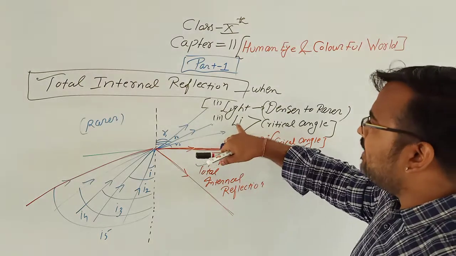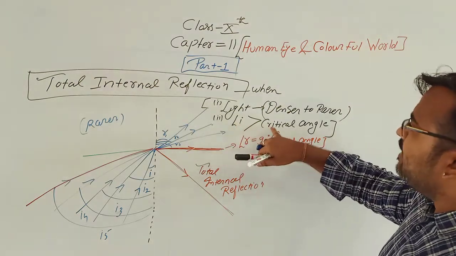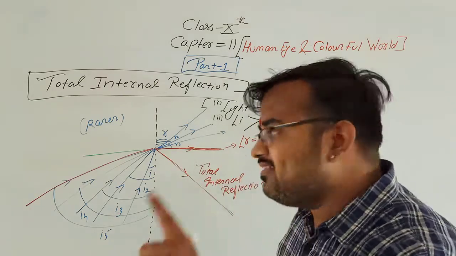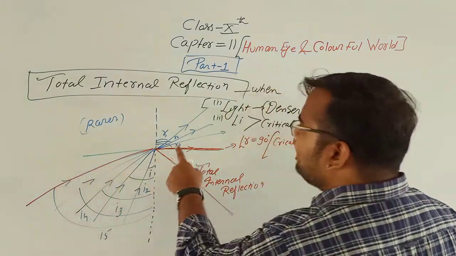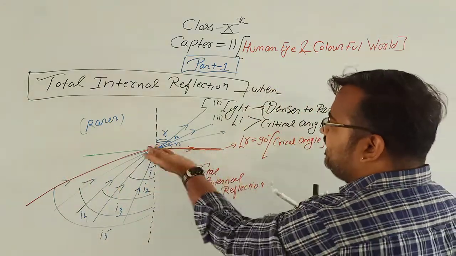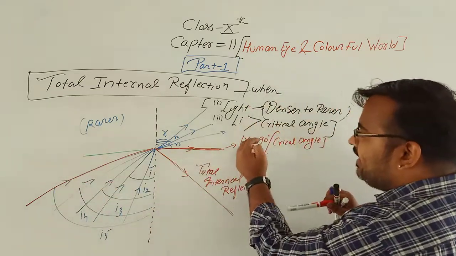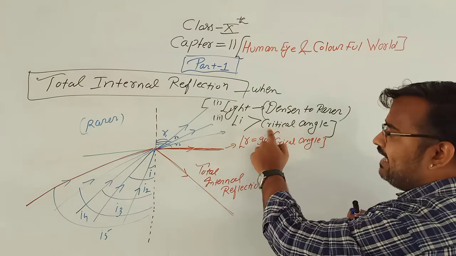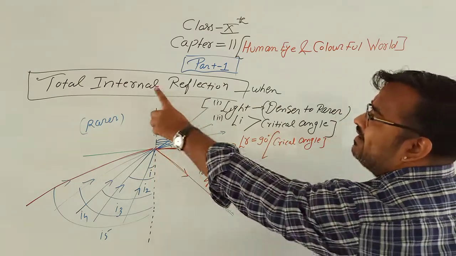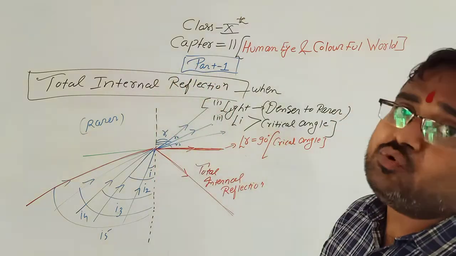As I have told you, the angle of incidence should be greater than the critical angle. See, this is the critical angle. When the angle of incidence increases beyond the critical angle, total internal reflection is obtained. So keep two conditions in mind.